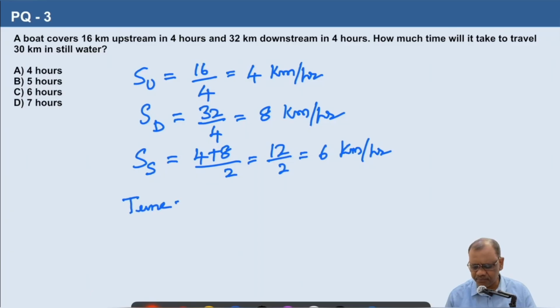Time is 30 kilometers divided by the speed of 6 kilometers per hour. Time is equal to distance by speed. 6 divides 30 5 times, so it is 5 hours. So the time is 5 hours for traveling a distance of 30 kilometers in still water. Option B is the correct answer.